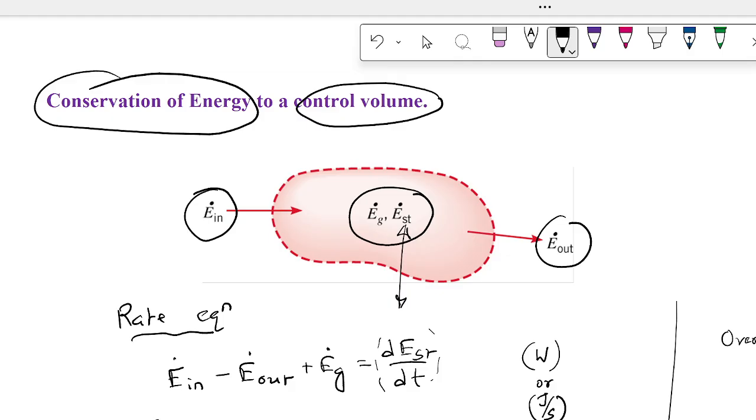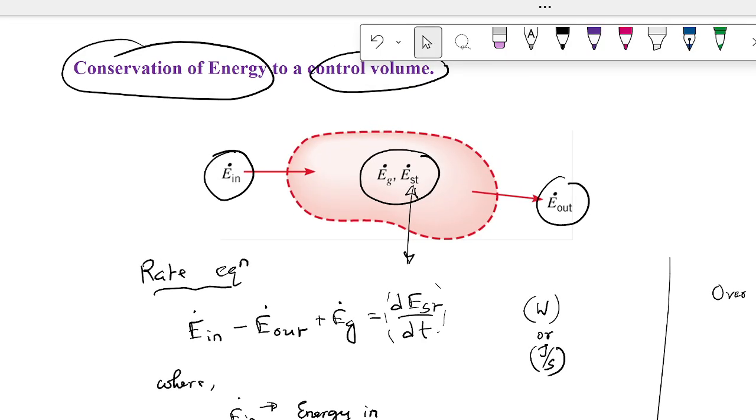So then you'll have E in minus E out plus EG equal to E st. Okay, so that's the summary of what we have seen in the slides.